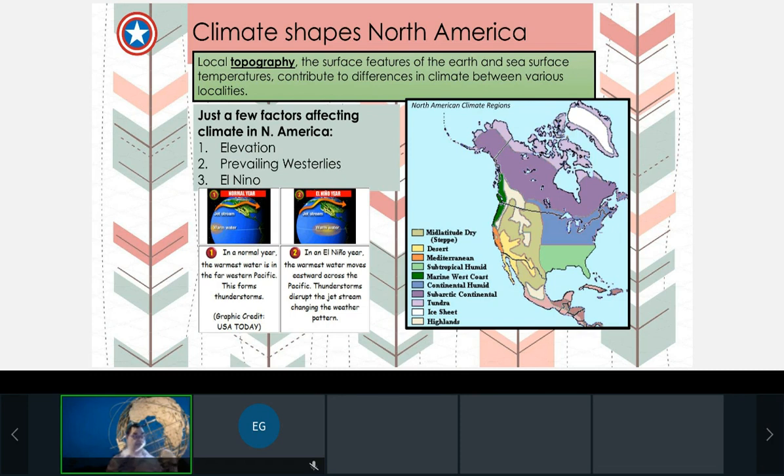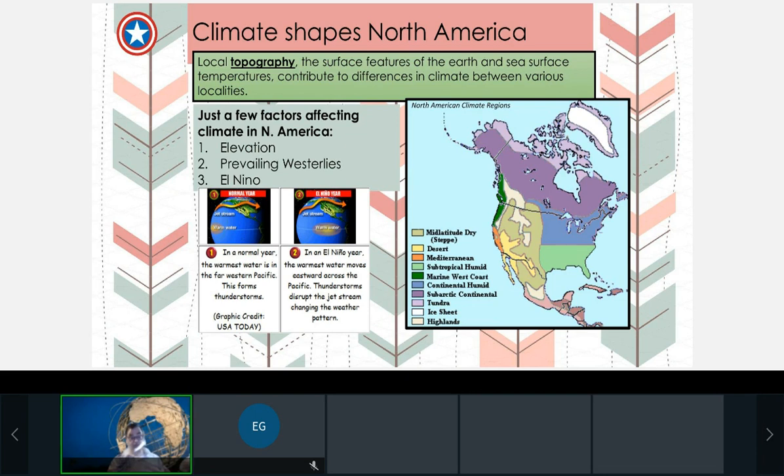In an El Nino year, the warmest water moves further east. Across the Pacific, thunderstorms disrupt the jet stream and the weather patterns change. So we usually have wetter, colder winters that year, and more rain and more thunderstorms in the spring. That's El Nino. Okay? All right.